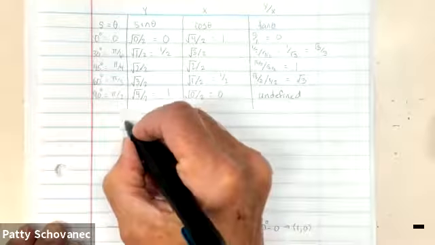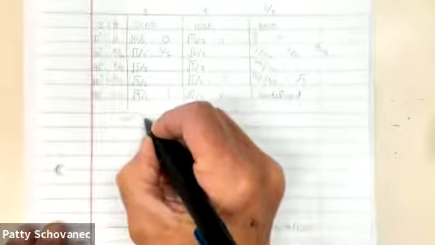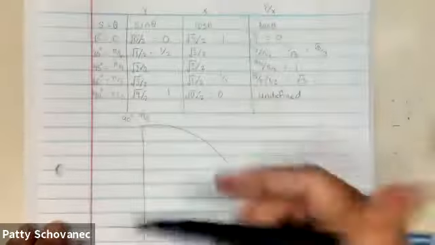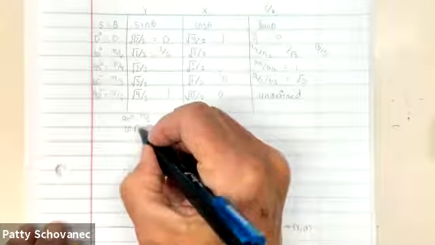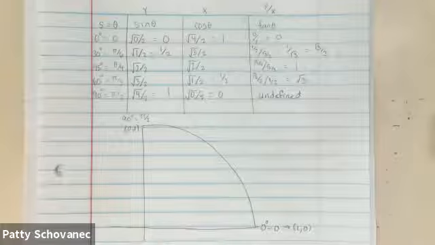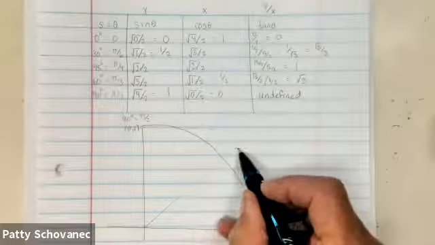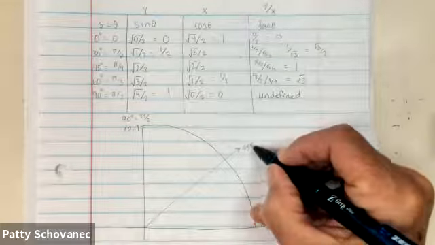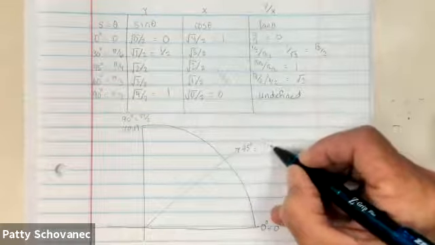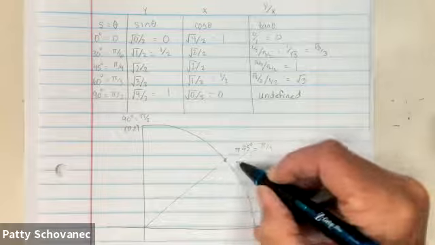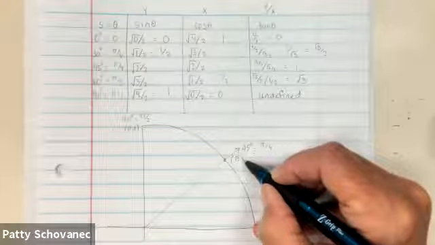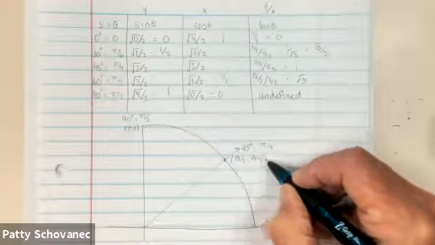Here's our 90 degrees, pi over 2 radians, and our ordered pair there is 0, 1. And 45 degrees was in the middle. 45 degrees was pi over 4 radians, and the ordered pair there was the square root of 2 over 2, square root of 2 over 2.